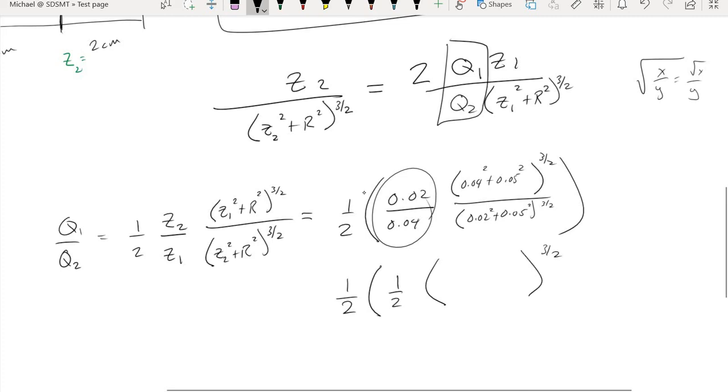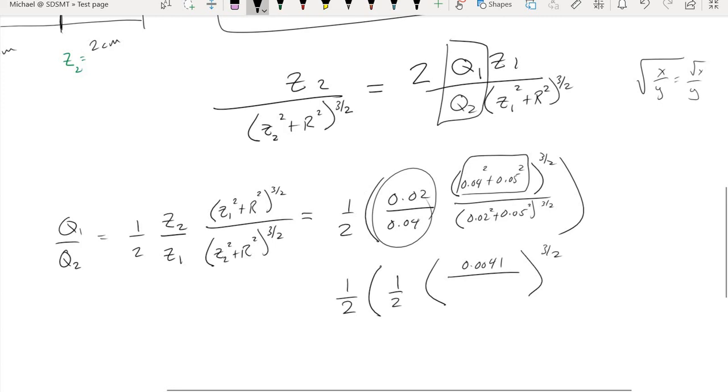And in the numerator here, I'm going to end up with 0.04 squared plus 0.05 squared, which is 0.0041.